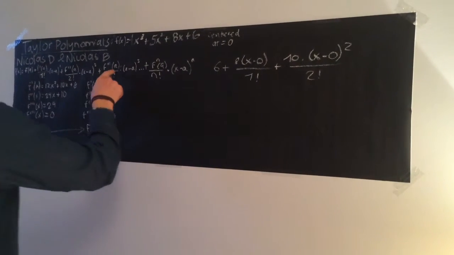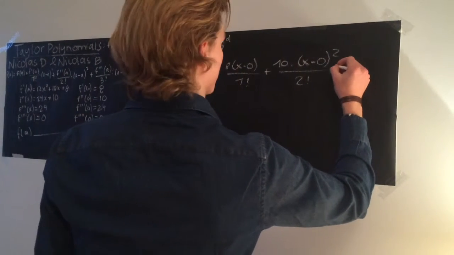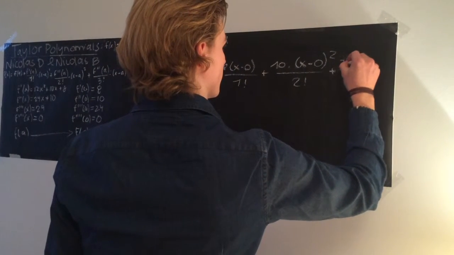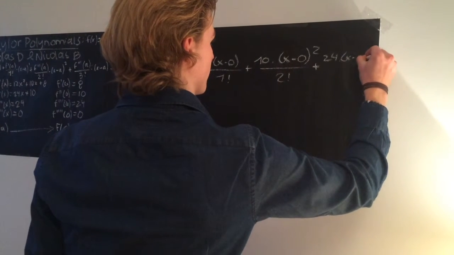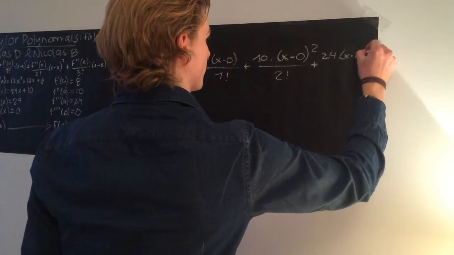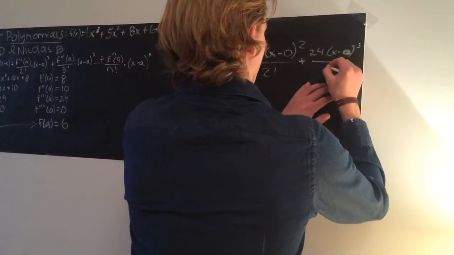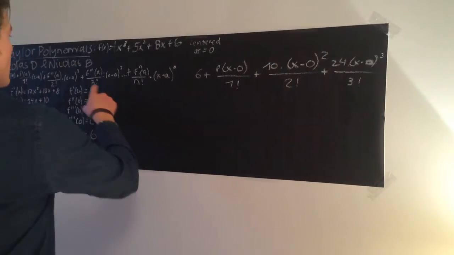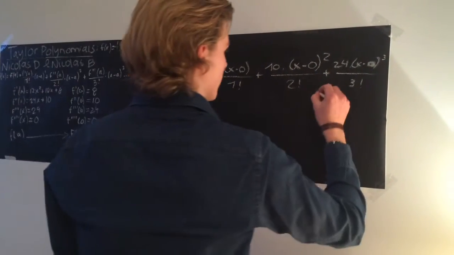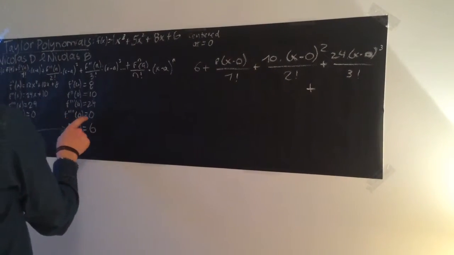Then we're going to do the same with the third degree derivative. So it's going to be 24 times x minus a, which is 0, to the third power, divided by 3 factorial. And then the final step, plus the fourth degree derivative, which is 0.